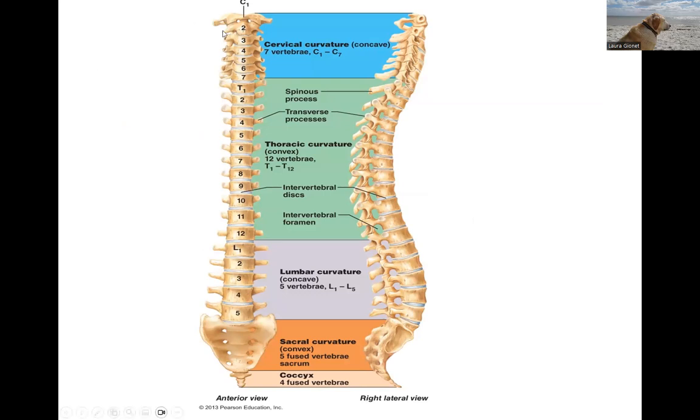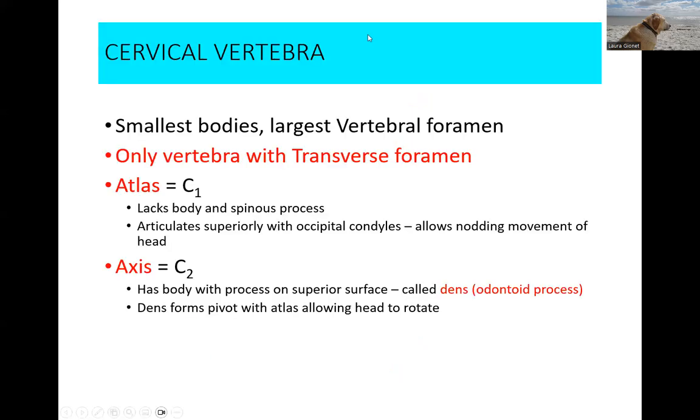And then in the thoracic area, we resume with T1, T2, T3, T4, all the way through T12. So we number from superior to inferior. 7 cervical, 12 thoracic, 5 lumbar, 5 sacral vertebra that fuse together, and 4 coccygeal vertebra that fuse together.